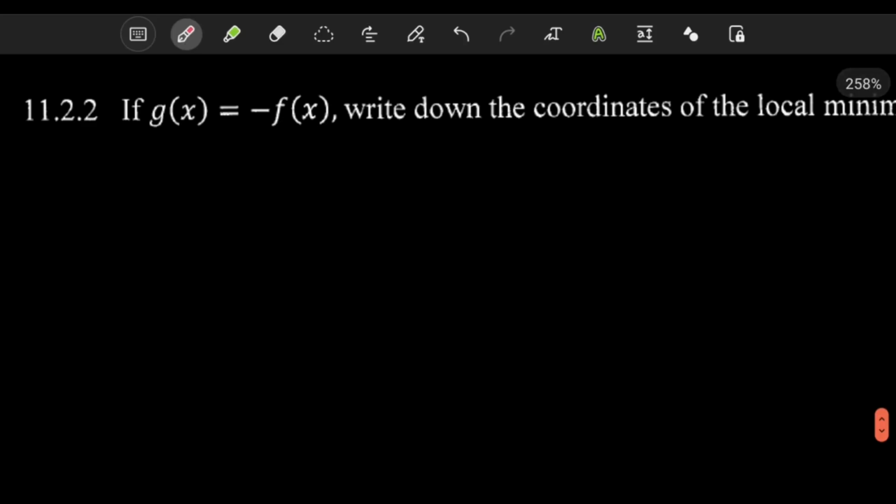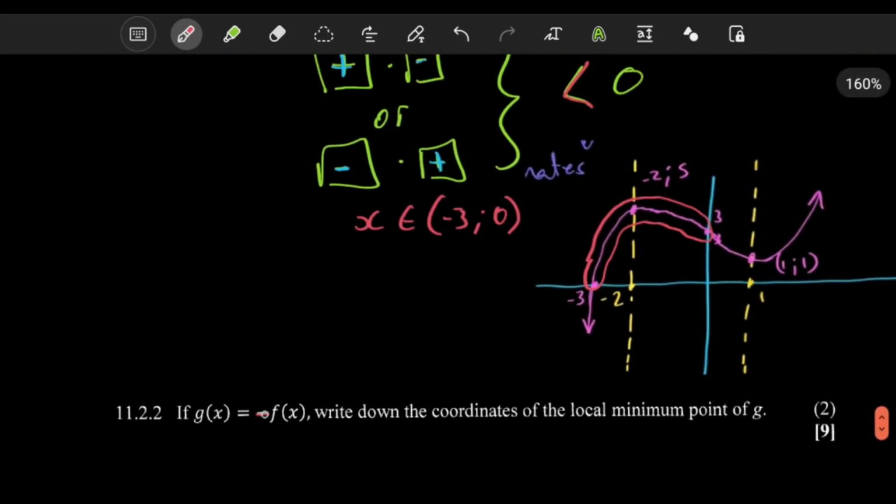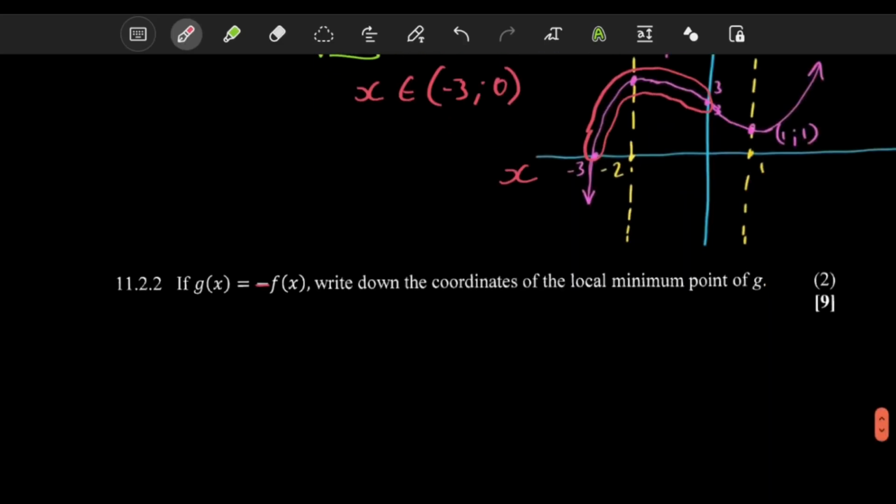You see, this is showing you that your y values are all going to be multiplied by a negative, meaning it's a reflection about the x-axis, because if you reflect it about the x-axis, positive y values become negative y values and negative y values become positive y values.